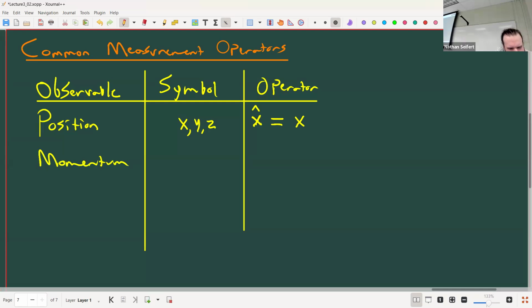Another one is momentum. Remember, classically, momentum is a vector, which I call P, which is the mass of the object times its velocity. It's the quantity that's conserved in space.